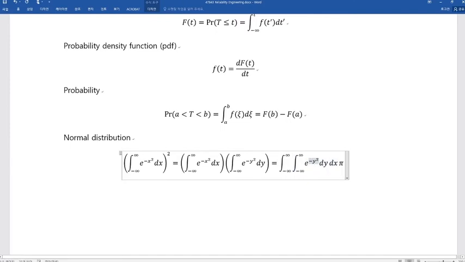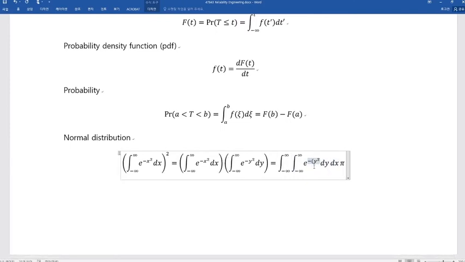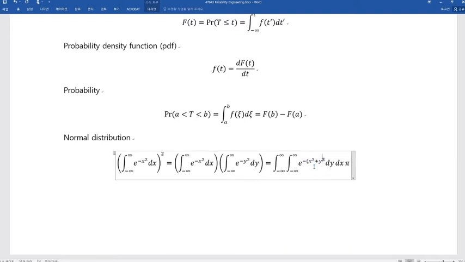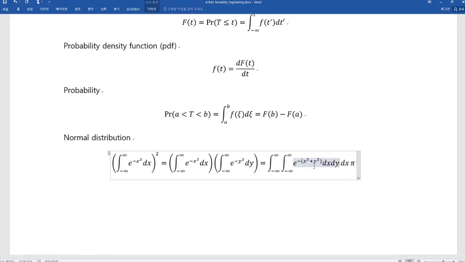This will be the same as the exponential of minus x squared plus y squared, dx dy.